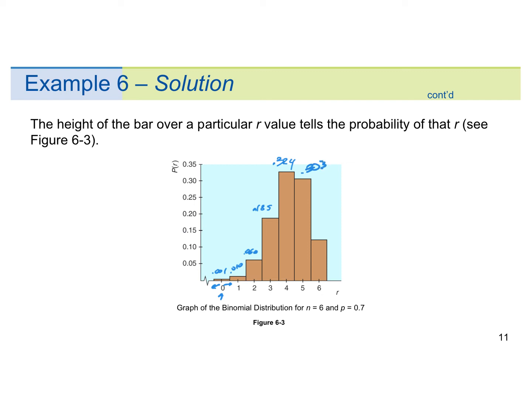Remember, you always want to label the top of a histogram. 0.118. So you are going to find each probability for the binomial distribution, starting from 0 all the way up to the total number there are. You're going to round them to 3 decimal places, and then draw a histogram with the y-axis being your probabilities and the x-axis being your whole values, 0.5 to the left and 0.5 to the right, to build your histogram.